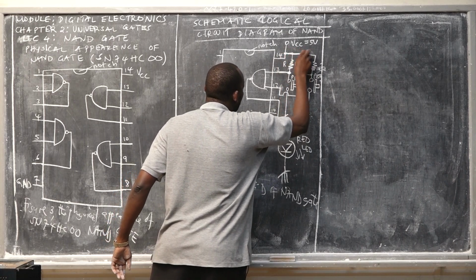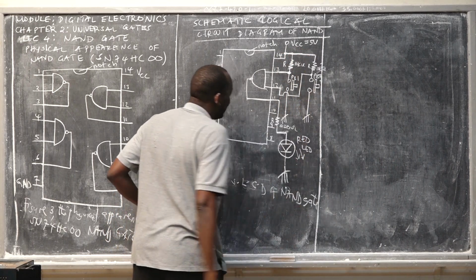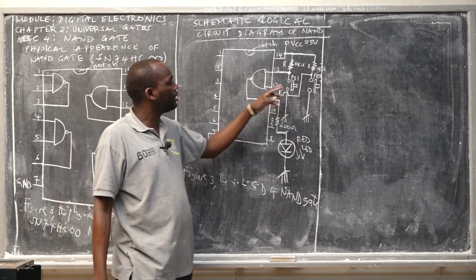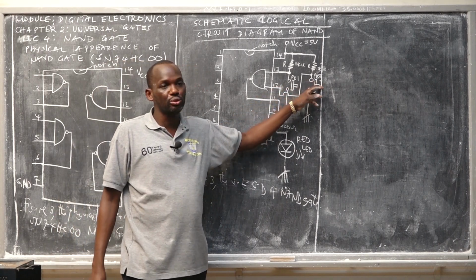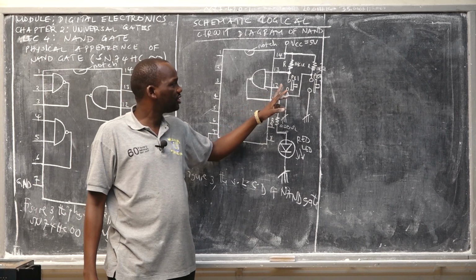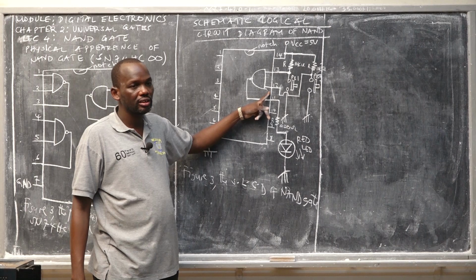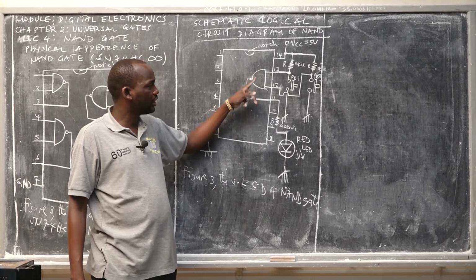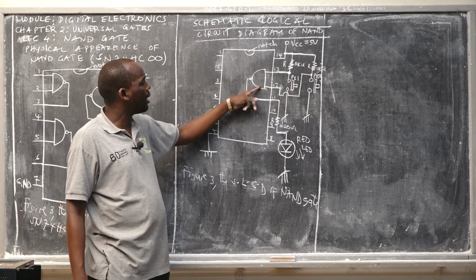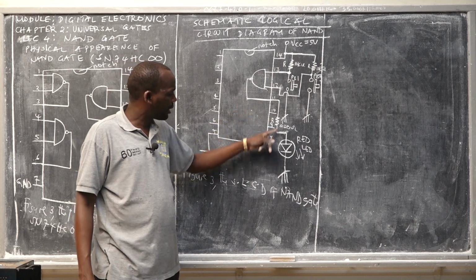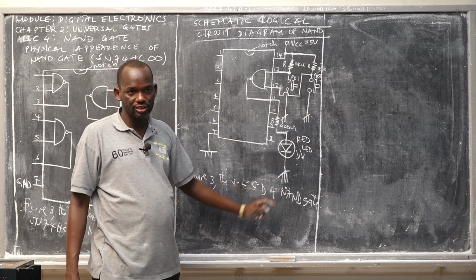So the first state, we say that if both push button number 1 and push button number 2 are not pressed, it means this is high state. So we have 1 and 1, we get 1. Not of 1, we get 0. So the LED will be off for that state.